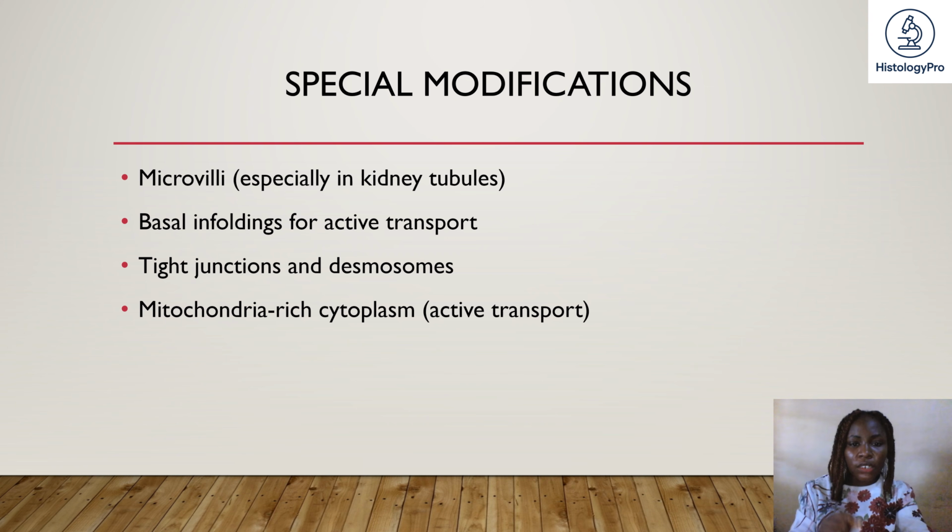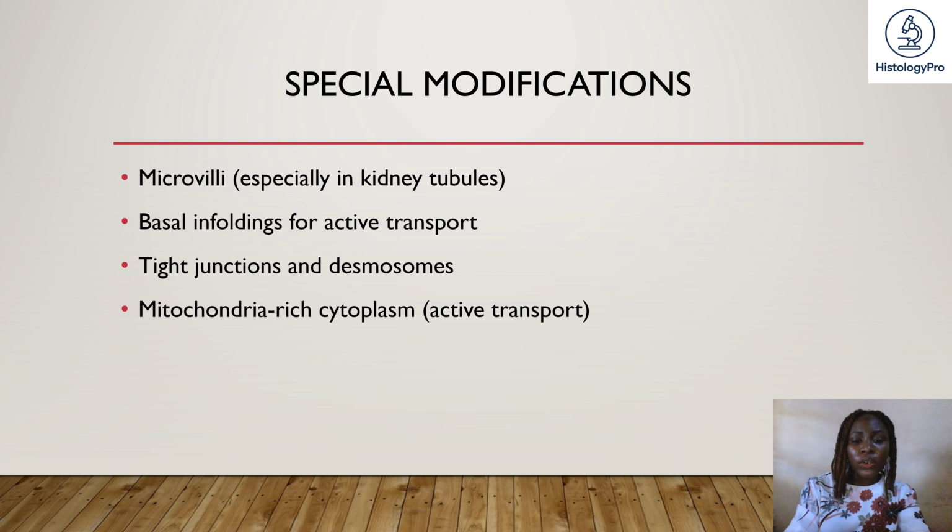Now let's discuss the special modifications of simple cuboidal epithelium. In certain locations, especially in kidney tubules, the apical surface shows microvilli. This increases the surface area and enhances absorption. The basal surface of the cells often shows basal infoldings, which are adaptations for active transport of ions and fluids.